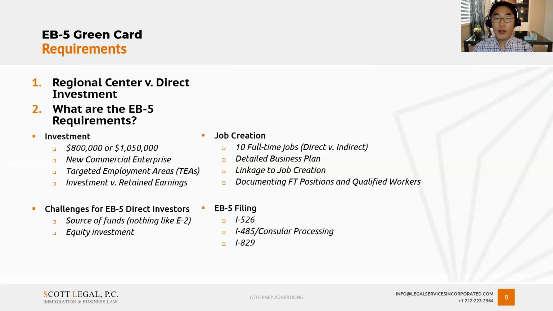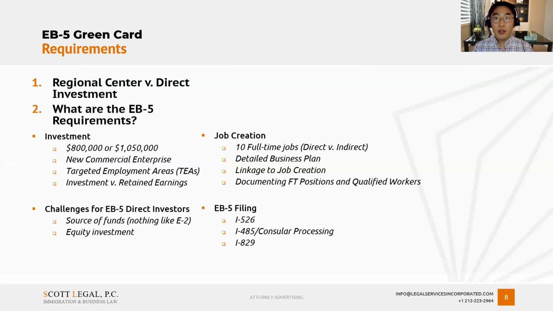For EB5, there is an important difference between the investor's capital investment and the business's retained earnings. EB5 focuses on qualifying capital personally invested by the investor and placed at risk, which means the money you later earned by your own business and kept in the company's account is generally treated as retained earnings, not automatically as an EB5 investment.